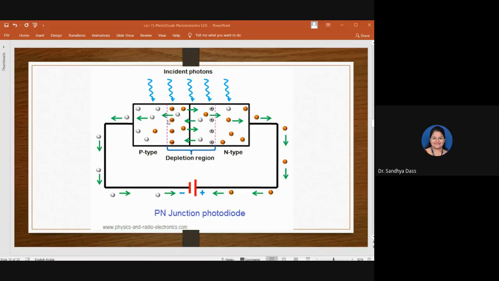This action, that is when it is reverse biased and the flow of current happens because of the intensity of the light, these diodes are popularly used in, say, alarm circuits or counter circuits, etc. These diodes are more conductive, and the best part is that they are very fast. They have very fast response time.